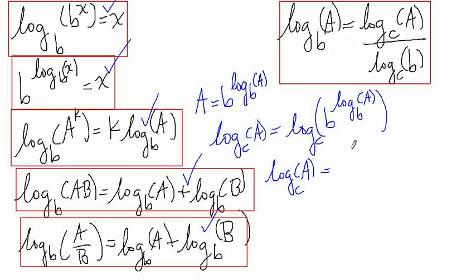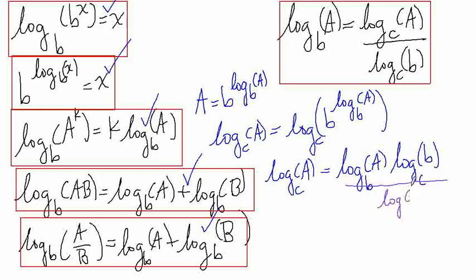And the third formula says we can pull the exponent down. So the log of A to the base b, that's the exponent coming down. And the only thing we have left is the log of lowercase b to the base c. Now let's divide both sides by the log of lowercase b to the base c.